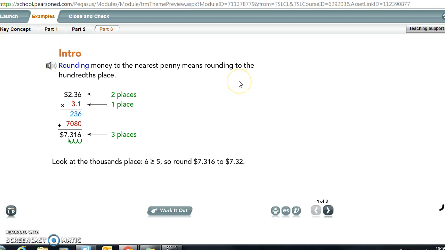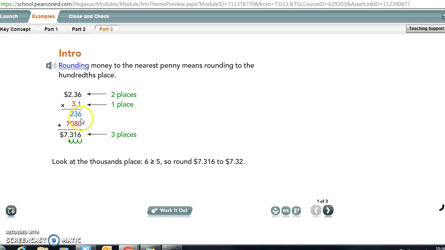Rounding money to the nearest penny means rounding to the hundredths place. So for this one, they're doing $2.36 times 3.1, or that would be $3.10. Here they're going to multiply. Well, 6 times 1 is 6, 3 times 1 is 3, 2 times 1 is 2.